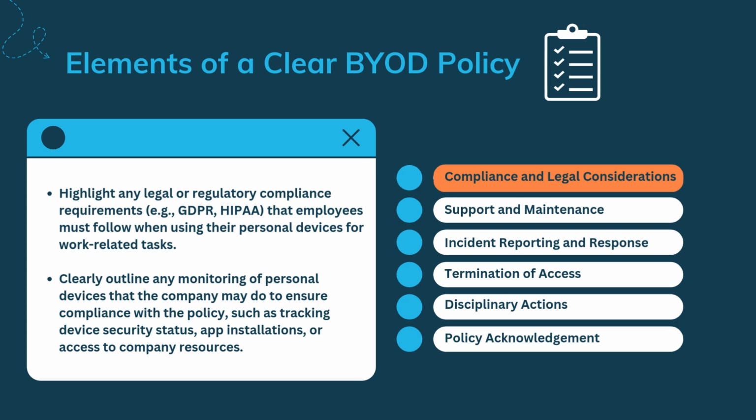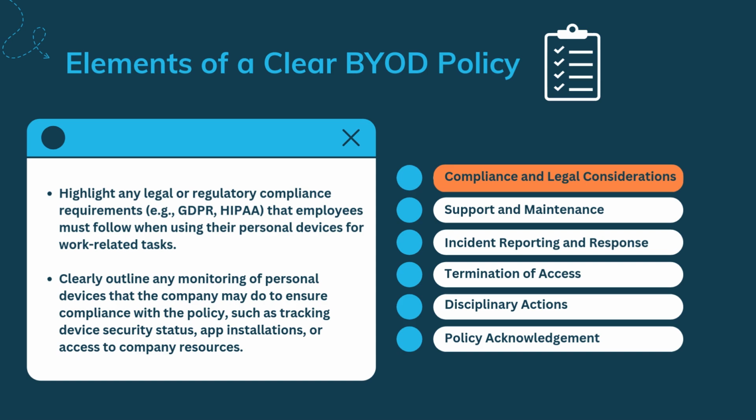As you can see, these BYOD policies are very comprehensive in nature. We've already covered a number of components that should be included, and we still have more that we need to talk about. Now we're turning to compliance and legal considerations. The policy should point out any legal or regulatory requirements like GDPR, which stands for General Data Protection Regulation, or HIPAA, that you might already be familiar with, which protects health information.